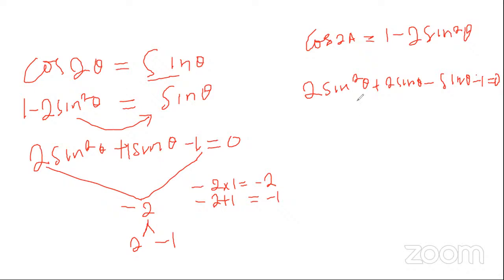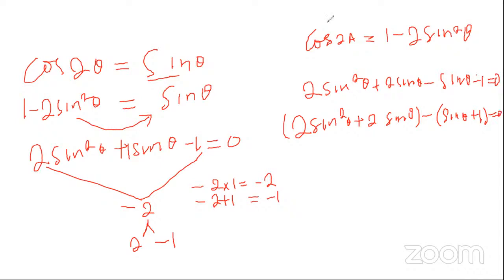Here we are going to put them in groups, in pairs, so that it becomes 2 sine squared theta plus 2 sine theta. So that is one group. Then we minus sine theta plus 1, and that will be equal to 0.